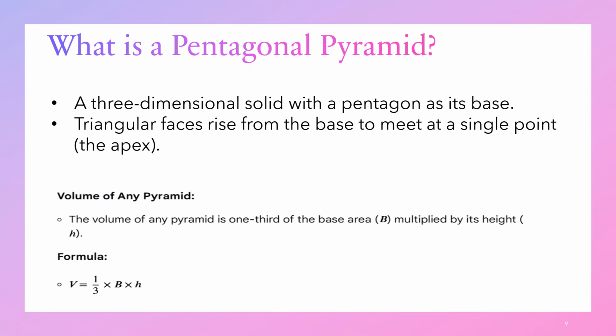Now, what is a pentagonal pyramid? It is a three-dimensional solid with a pentagon as its base. Triangular faces rise from the base to meet at a single point, or apex. The volume of any pyramid is 1/3 of the base area multiplied by its height. So this is the general formula.